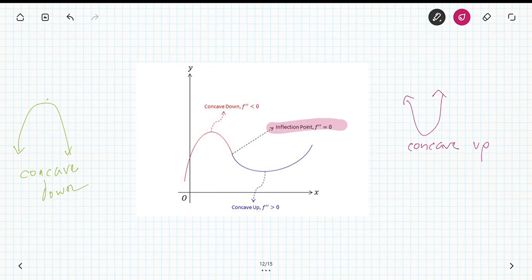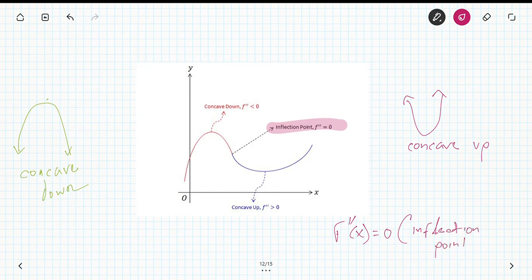So you have an inflection point when the double derivative of your function is 0. So just write in parentheses: inflection point.